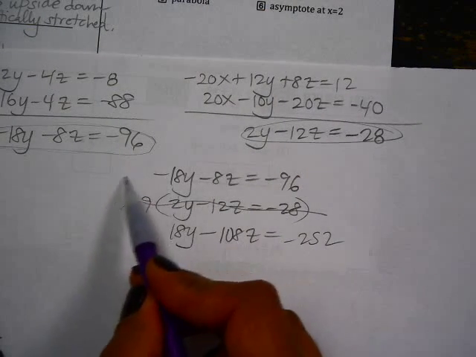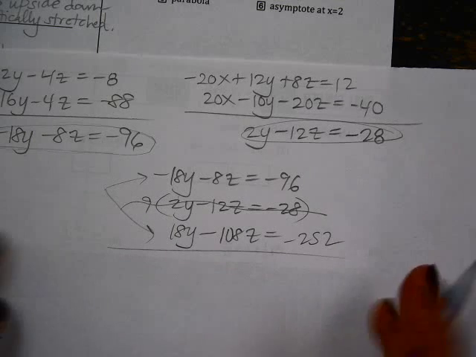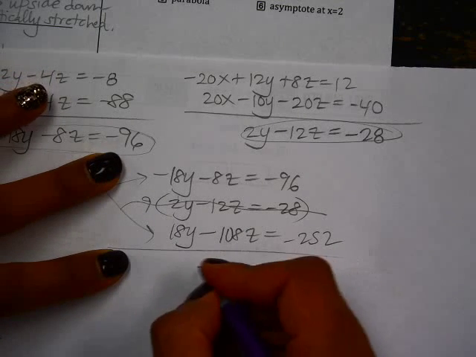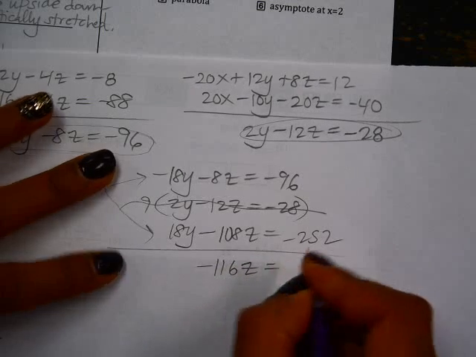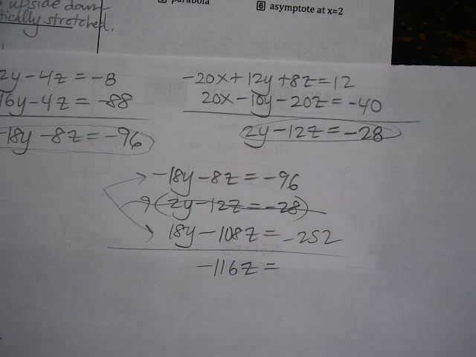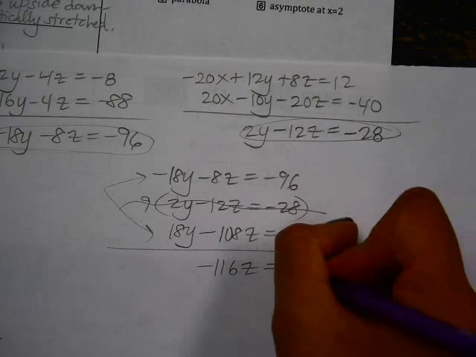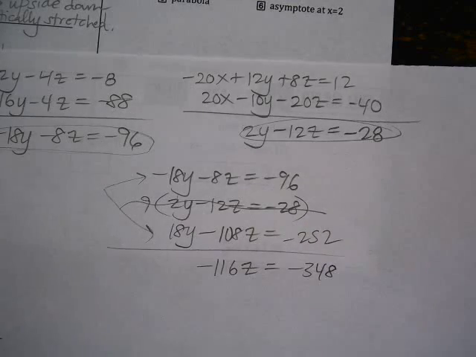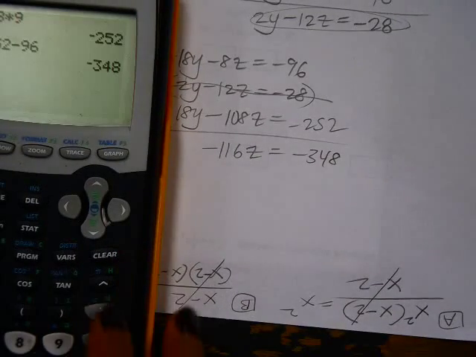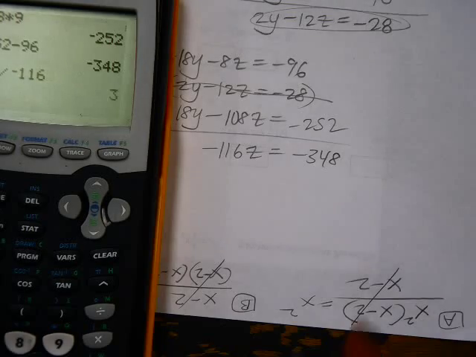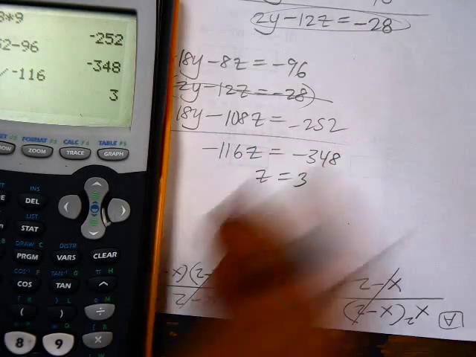Now combining these 2 equations, we can eliminate the y. So the -116z, and then -252 minus 96 is -348. Divide both sides by -116 and we get z equals 3.